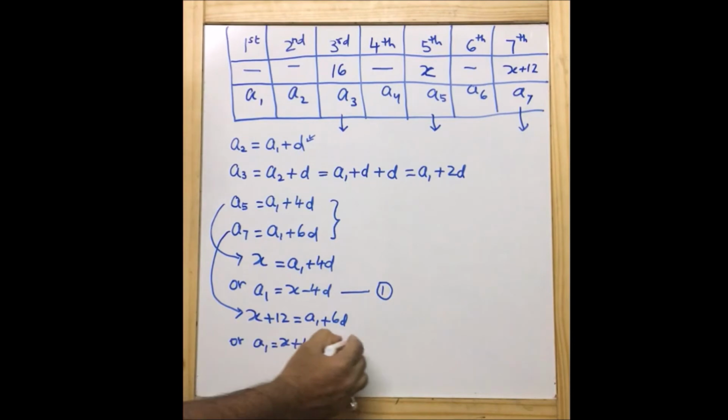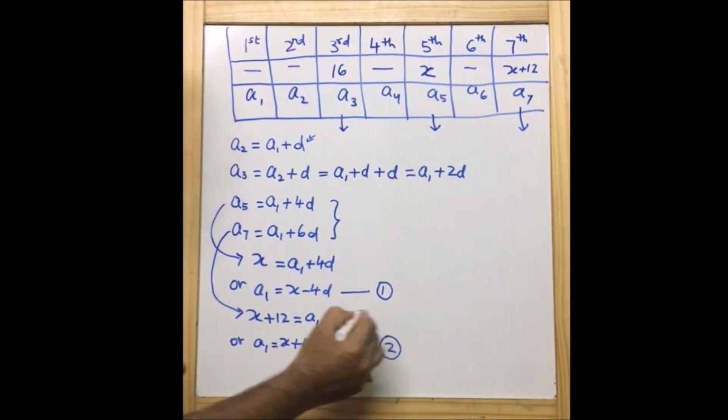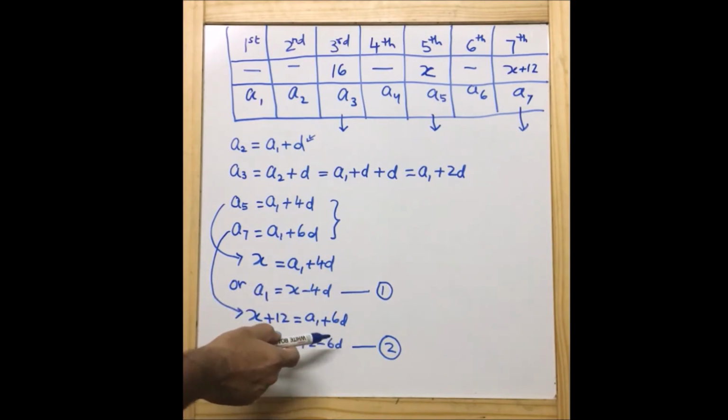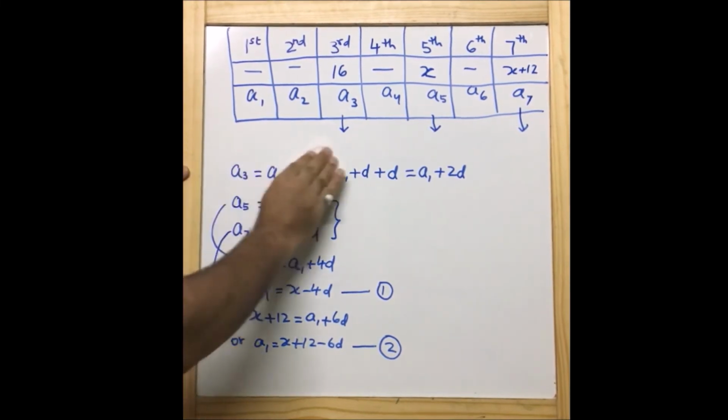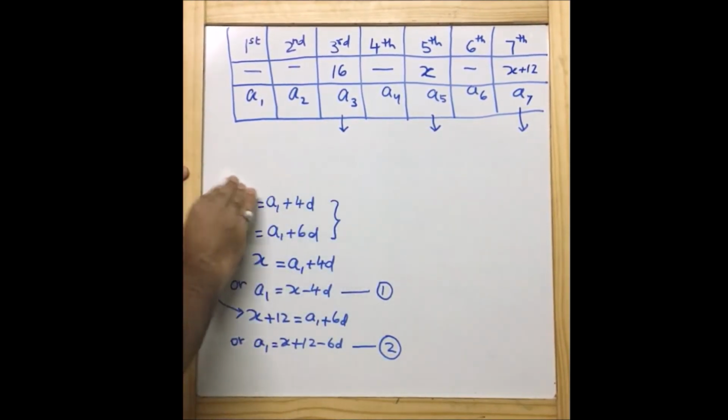Let's make it equation 2. Now we can see that we are getting two values for A1. A1 in the first case is x minus 4D, and A1 in the second case is x plus 12 minus 6D. So we can write that equation 1 is equal to equation 2.